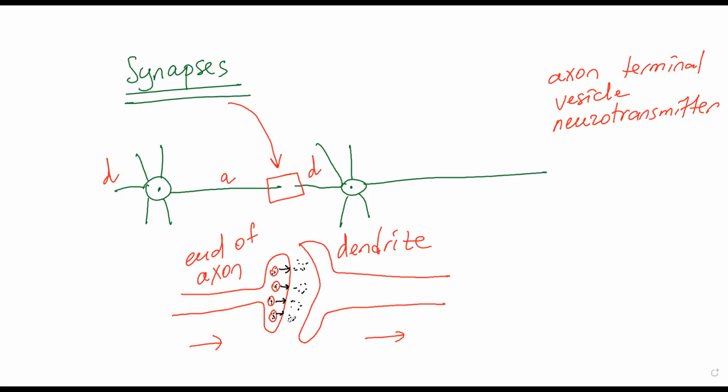This space is known as the synaptic cleft. And on the next cell, on the dendrite, we have special proteins like this one. Look, 1, 2, 3, and 4. These are known as, don't forget, receptors. So we have receptors on the dendrite of the next neuron.